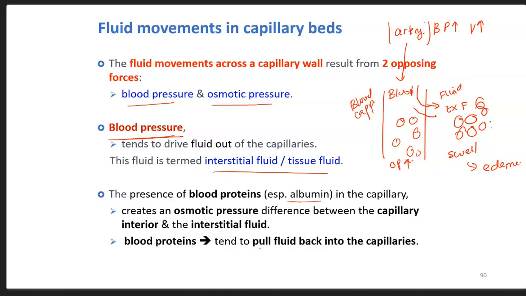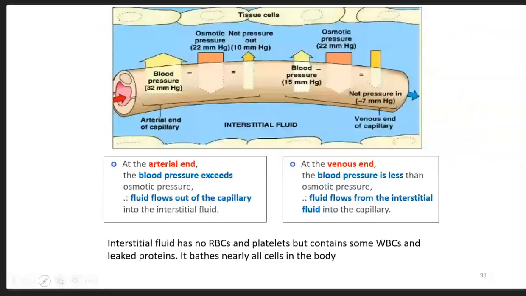So what is the difference between blood and interstitial fluid? Obviously, interstitial fluid will not have any red blood cells and also platelets, but it contains white blood cells. White blood cells can squeeze out of the porous blood capillaries.